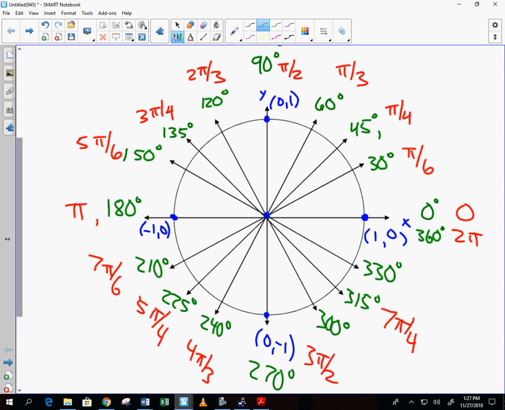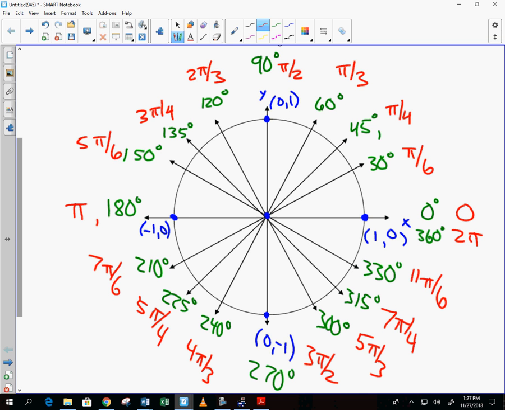After 8 pi over 6, 9 pi over 6. After 9 pi over 6, 10 pi over 6, which is 5 pi over 3. After 10 pi over 6, 11 pi over 6.